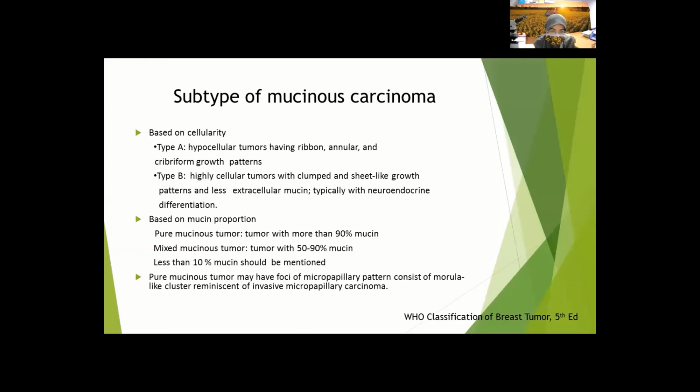Based on mucin proportion, it is a pure mucinous tumor when the mucin is more than 90%, and mixed when the mucin component is about 50 to 90%. Any component with less than 10% mucin should also be mentioned. Pure mucinous tumors may also have foci of micropapillary pattern, consisting of morula-like clusters reminiscent of invasive micropapillary carcinoma.